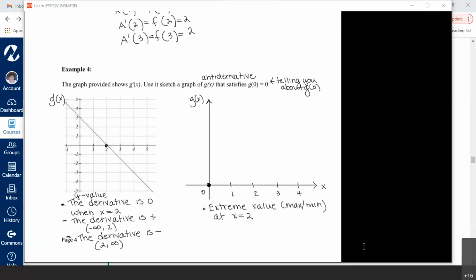Remember, it's a rate of change. So what's a positive rate of change? Guys, you're getting me really nervous. I know you know this.